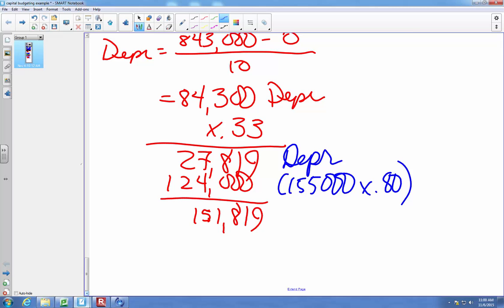Why don't you do 13, 1, 2, and 3? I can tell you just glancing at this that they're not giving you tax rates, so they're not expecting that you do the depreciation.